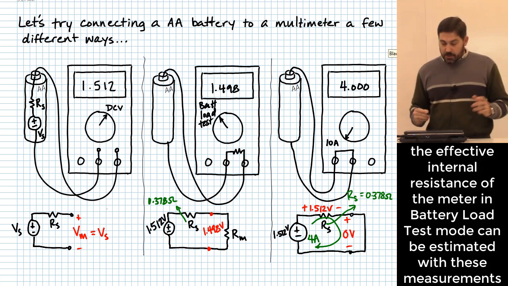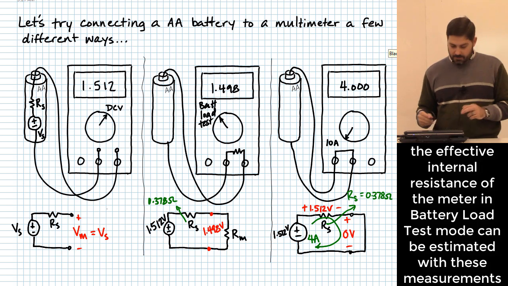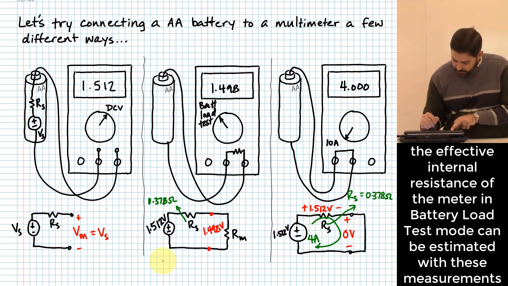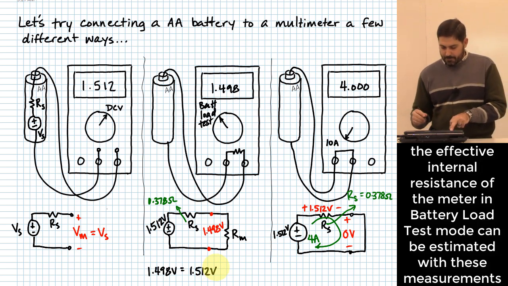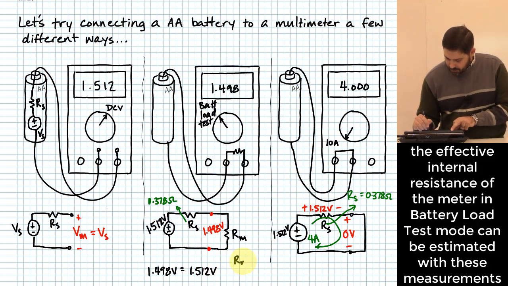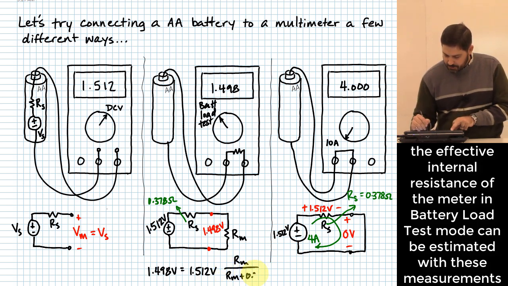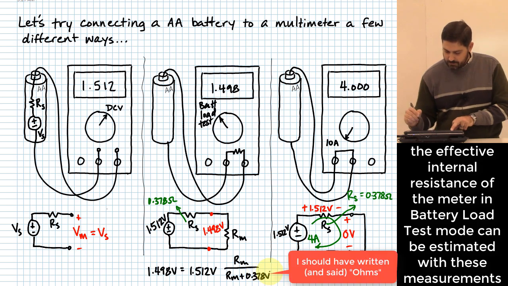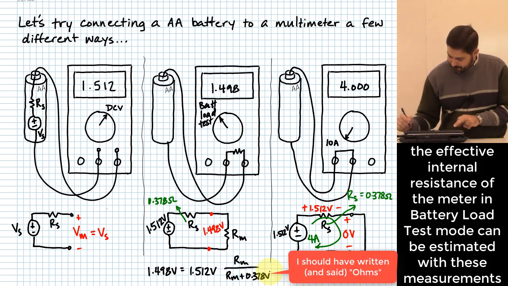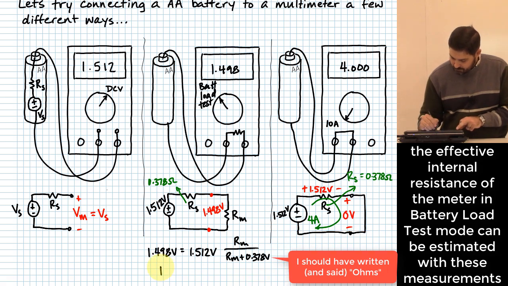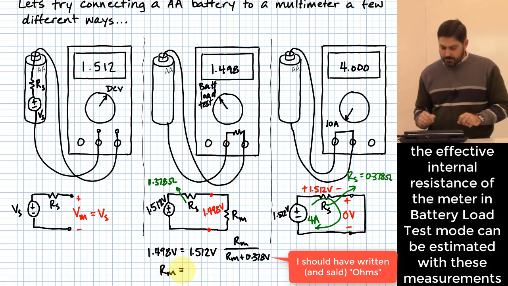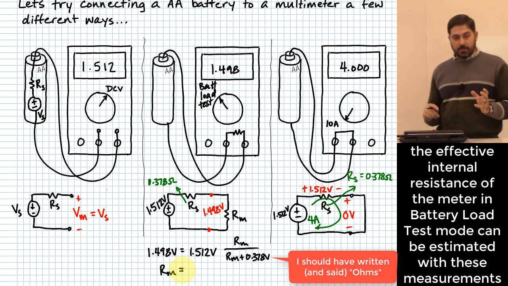Well, can we use voltage division? We have 1.512 volts, right? Let's say it this way: 1.498 volts should be equal to 1.512 volts multiplied by what? Rm over Rm plus 0.378. So what's Rm, being that resistance internally in the multimeter?